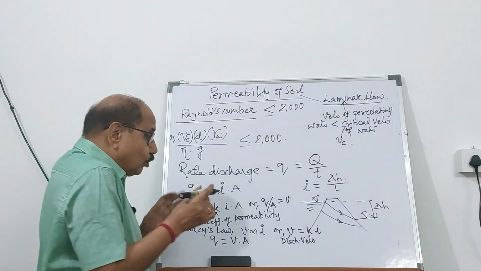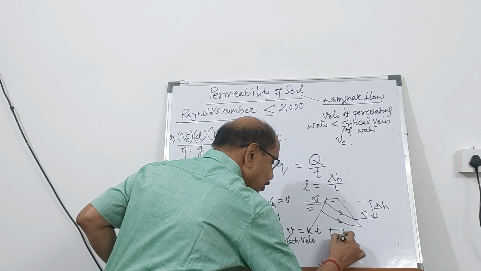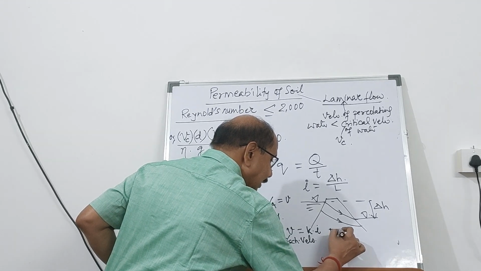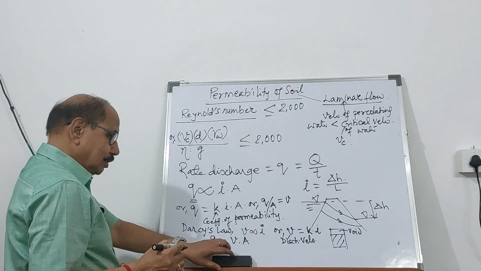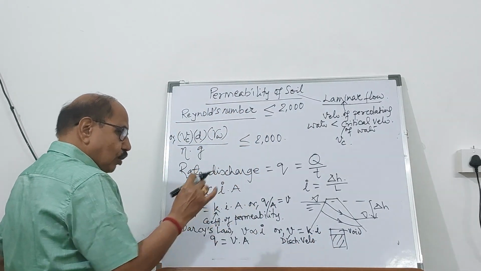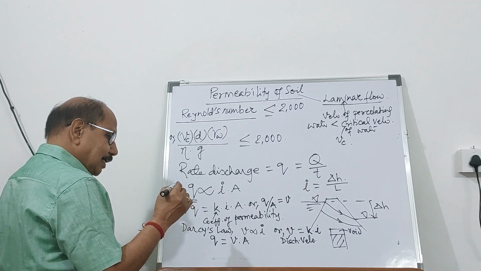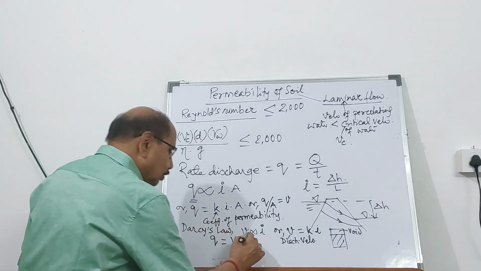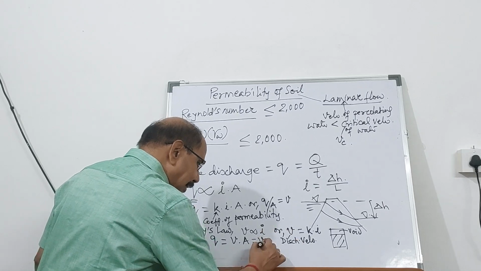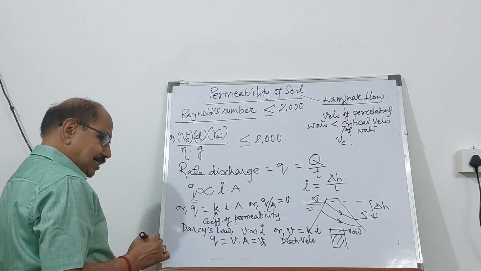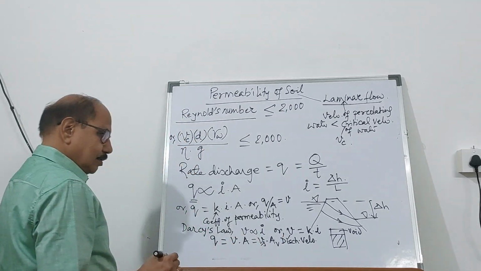But the water is percolating. You know that soil is composed of soil solids and void. Therefore, the water is passing through the voids. So we can say Q equals the velocity of water percolating through the voids, called seepage velocity, Vs, multiplied by area of the void.